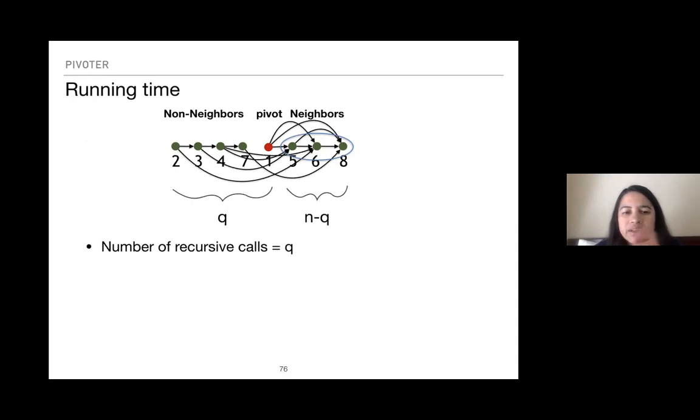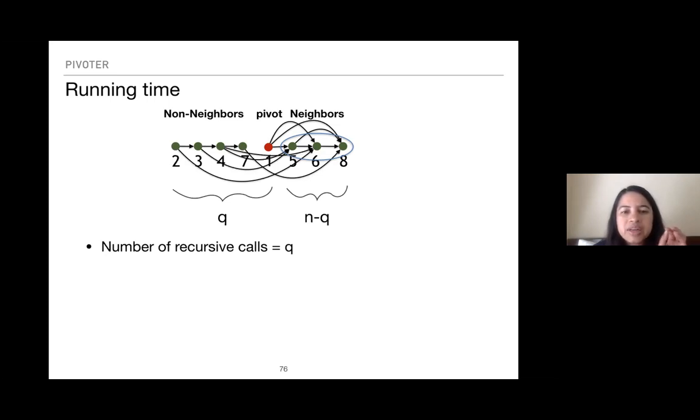And so the recurrence that this comes from is as follows. Basically, we know that if the pivot is the highest degree vertex in that subgraph, then the degree of each of the non-neighbors is at most the degree of the pivot. So suppose the degree of the pivot is n minus q. Which means that the non-neighbors and the pivot together are q.